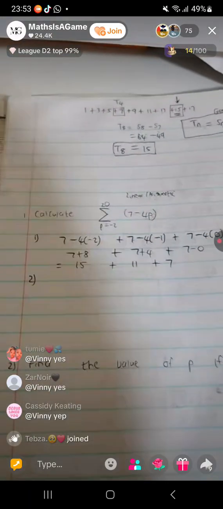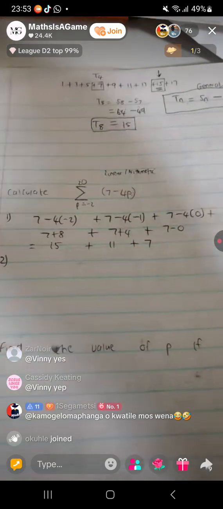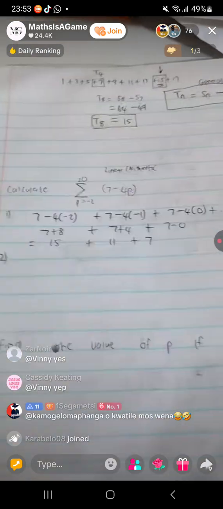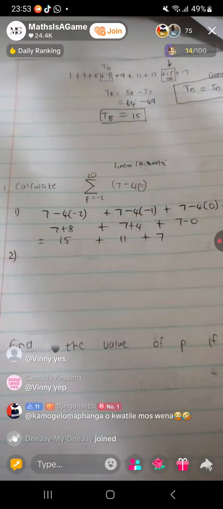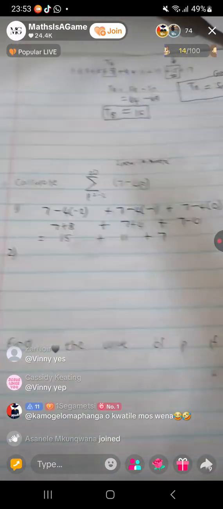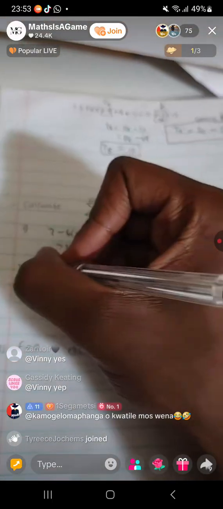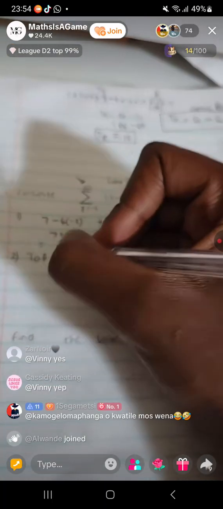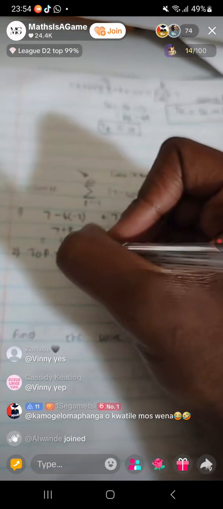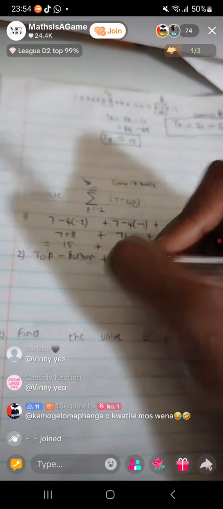Step 2, let us figure out the number of terms that we need to be adding, because we are going to find the sum of that number of terms. How do we get that? We take the top number, subtract the bottom number, then add 1.